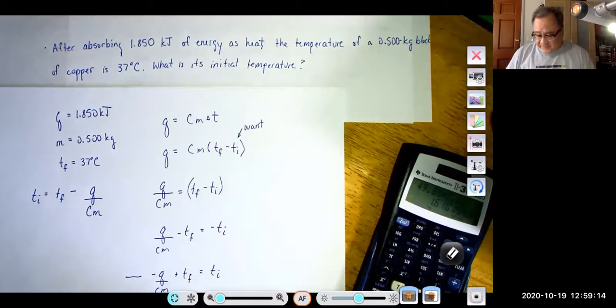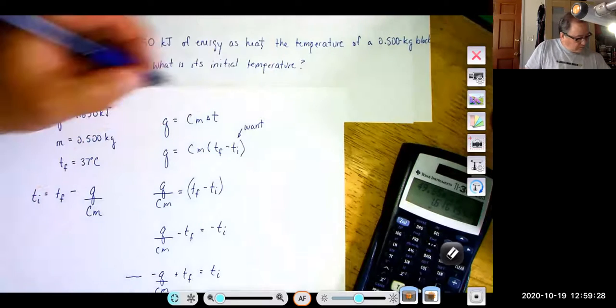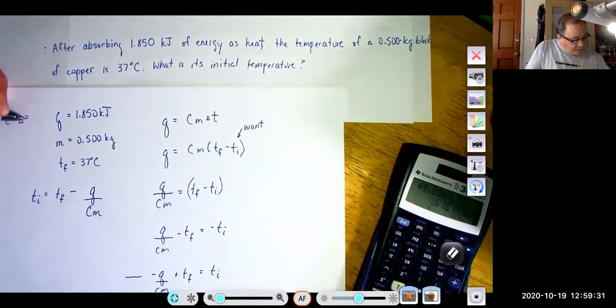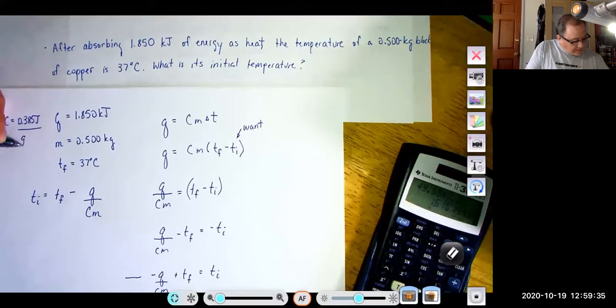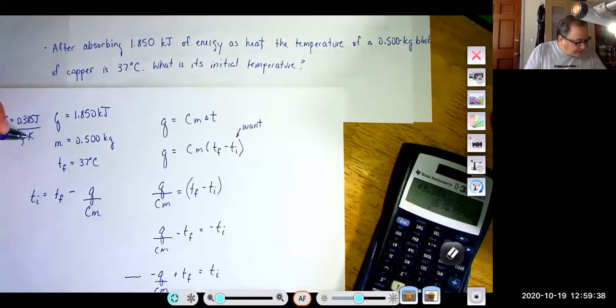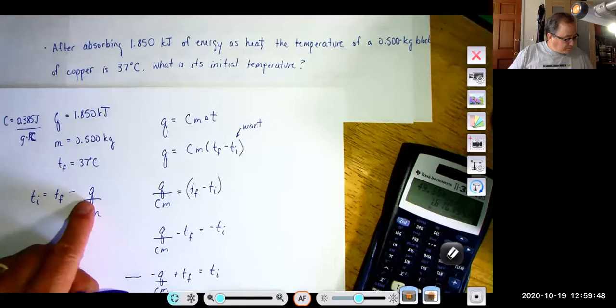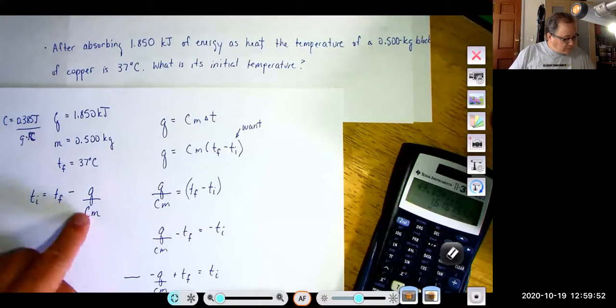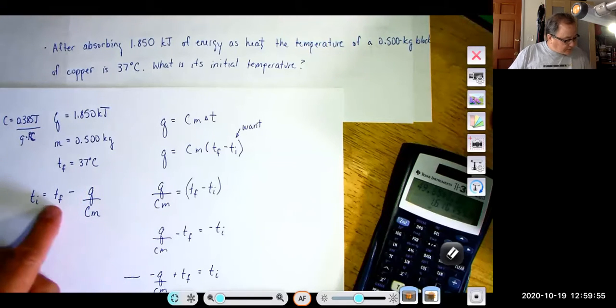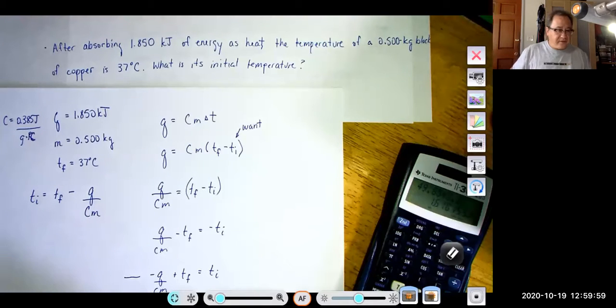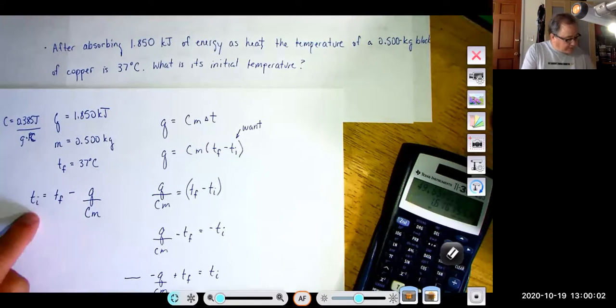If you do have the 10th edition, on page 232 they tell us that the specific heat capacity for copper is 0.385 joules per gram K, or I should say degrees Celsius, because that's the same as per K. So we have our Q, we have our mass, we have our final temperature, and all we have to do is figure out the initial.